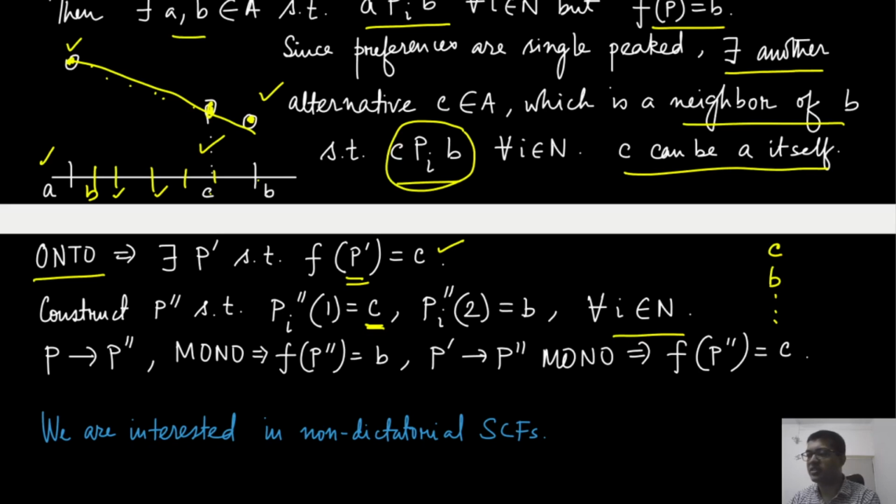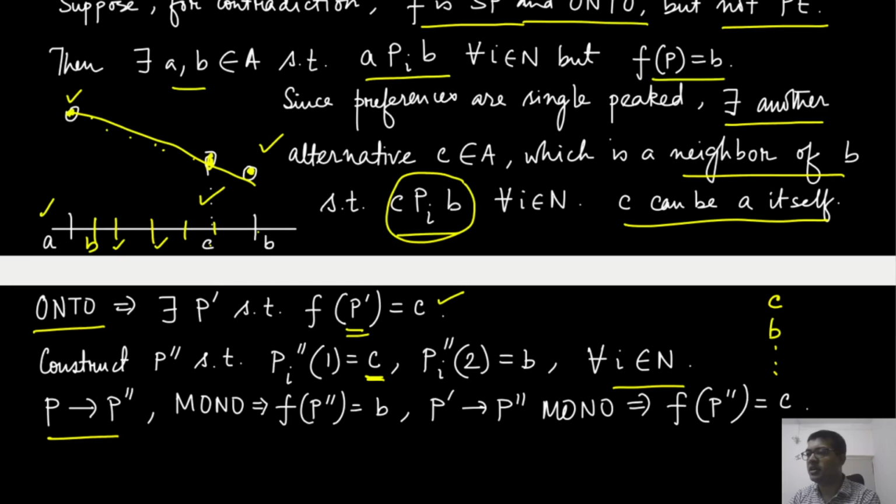Now here is the contradiction. If we go from P to P double prime, note that in P the outcome was B, that was by assumption. C is also above B in P, so B is Pareto dominated by C as well. Then by monotonicity we can conclude that f of P double prime should be equal to B for this transition.